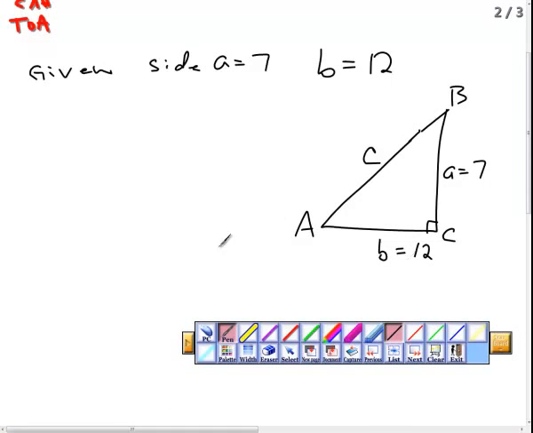All right, and so we need to find side C.